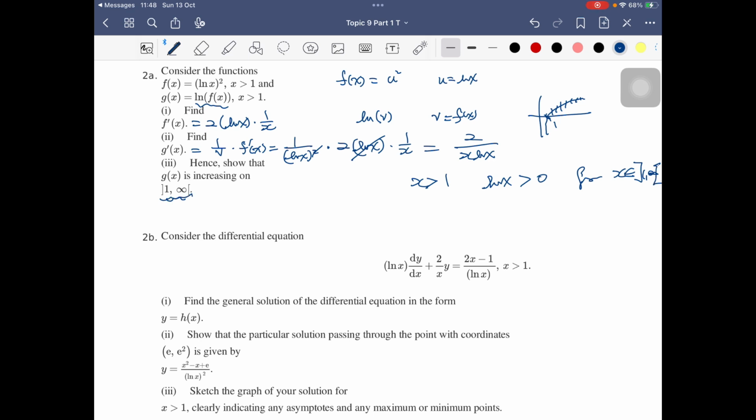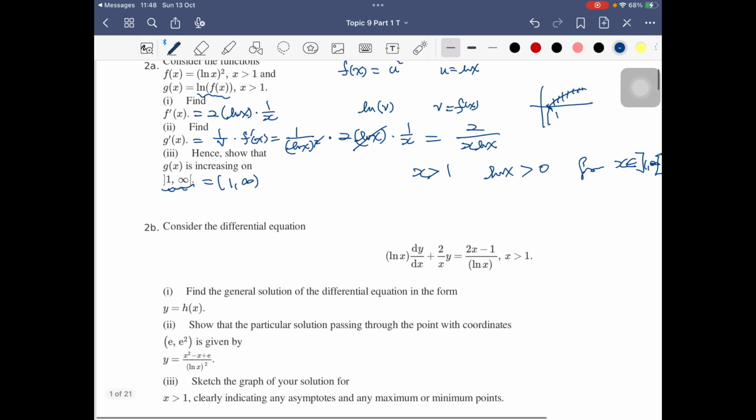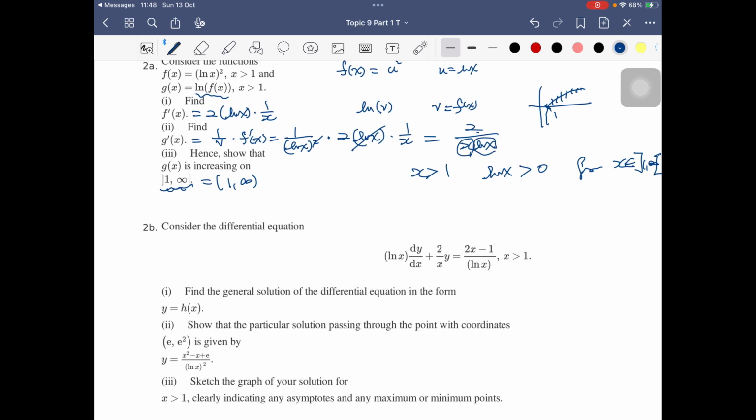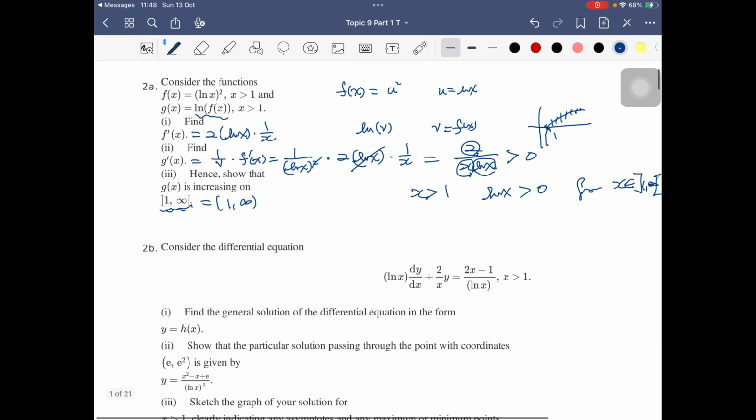Just for reference, the square bracket includes the endpoint, while the round bracket is exclusive. So this is positive, positive, positive. This is always positive, which means g of x is an increasing function on this interval.